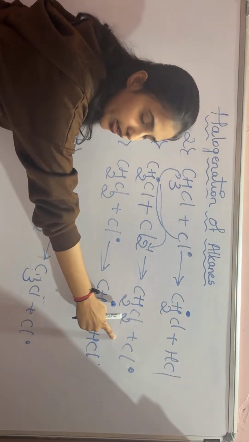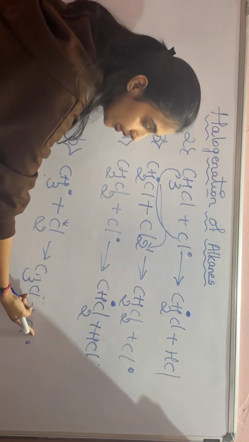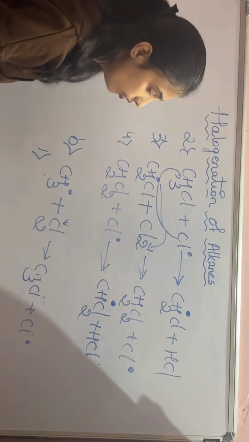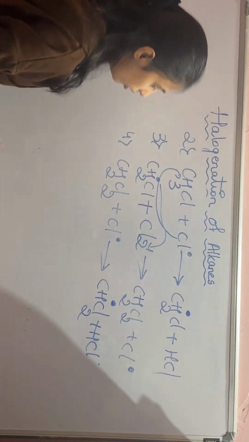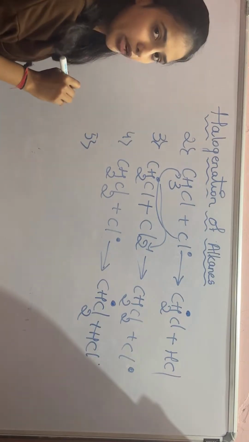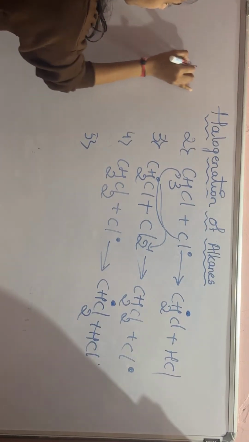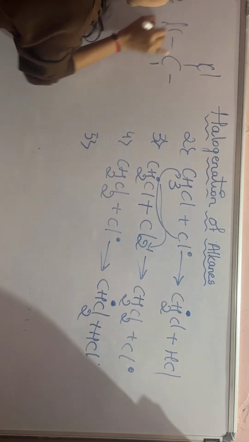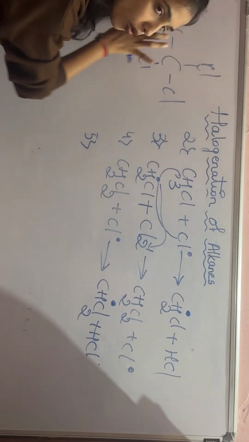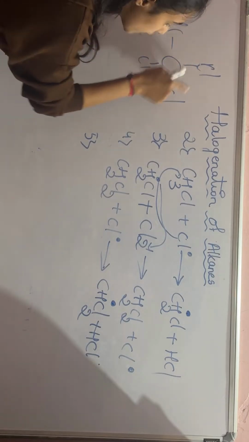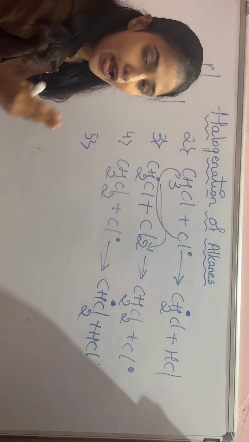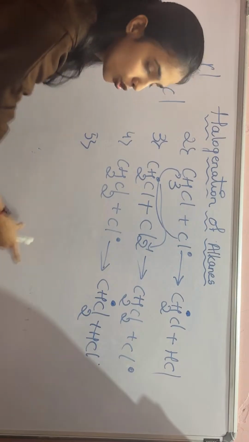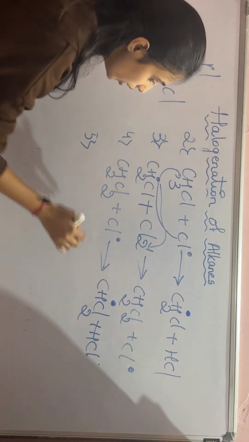See here, HCl, Cl free radical, again HCl, and in the next step we have to get our Cl free radicals. Till how much do we have to go? Till the entire 4 hydrogen atoms are replaced by 4 halogen atoms. Till that we have to show the entire reaction.